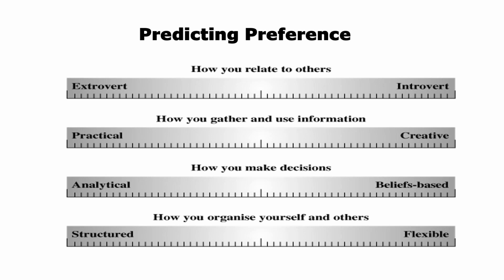RIDO on the first scale is relationships, gathering and using information, how we make decisions, and how we might organise ourselves and others down the bottom. And so what happens is that you get plotted along these various scales, if you like. So it gives you some indication of where your preferences might lie.